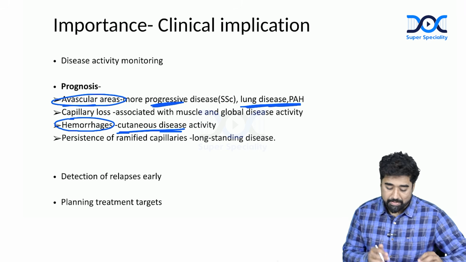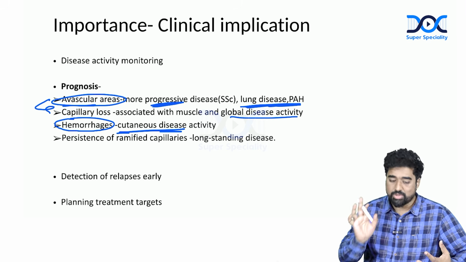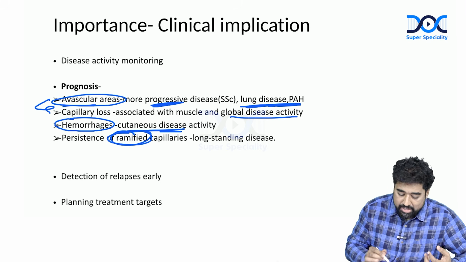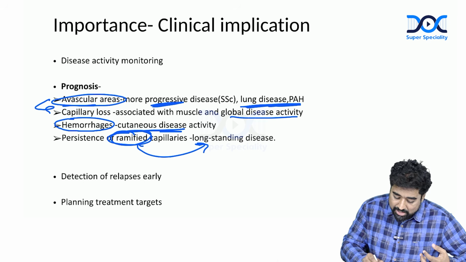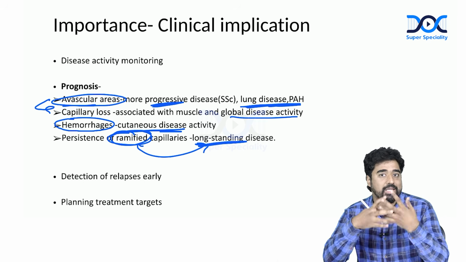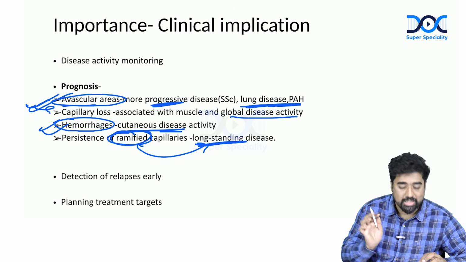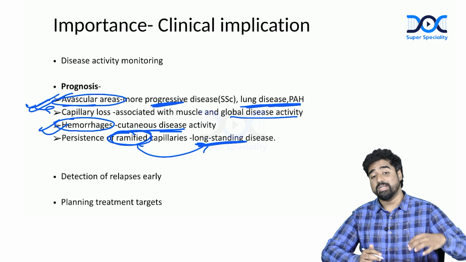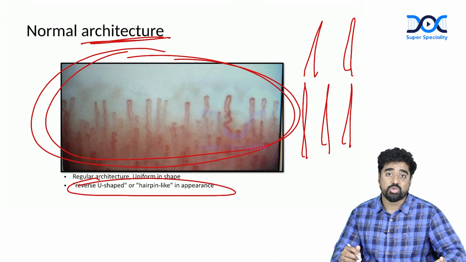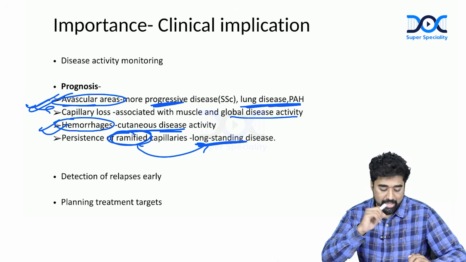If you have loss of capillaries, that is again similar to avascular areas, only your overall disease is bad. If you have ramified capillaries, ramified means long standing disease, because time has been there for ramification or branching to occur. Most importantly, hemorrhage with cutaneous disease, avascular areas with lung disease. This is very, very important. That is why we're discussing. We have 3 slides on NFC patterns of juvenile dermatomyositis, because it's a prognostic marker.